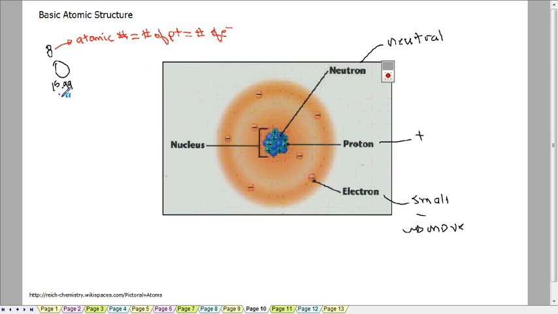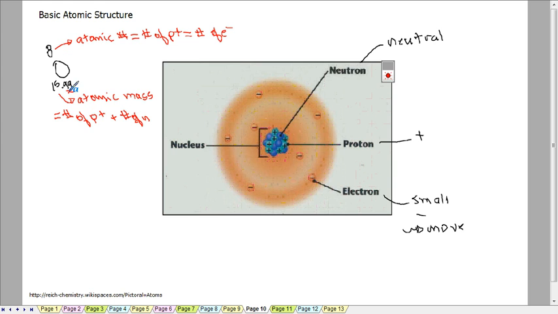Now the number on the bottom is our atomic mass. It's also been called the relative atomic mass, and there's a reason for that. We're going to notice here that we have a decimal. Some of you might think, well, where does that come from? Well, we look at the atomic mass as equal to the number of protons and the number of neutrons.